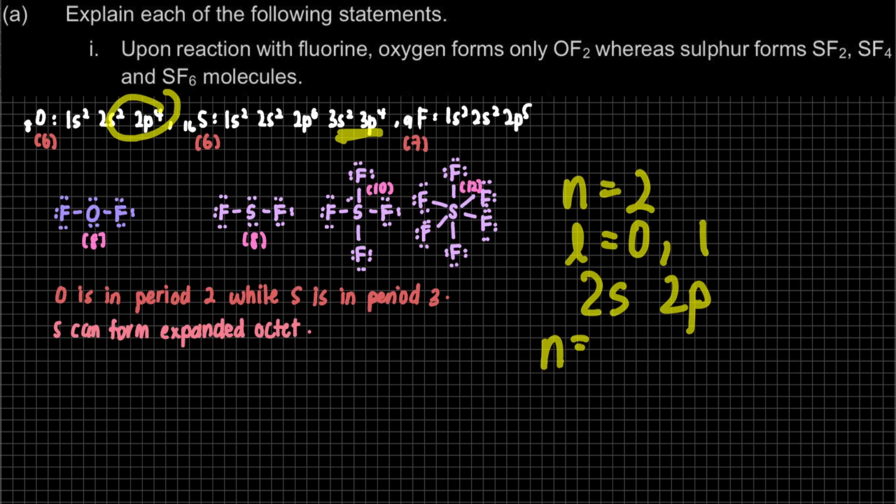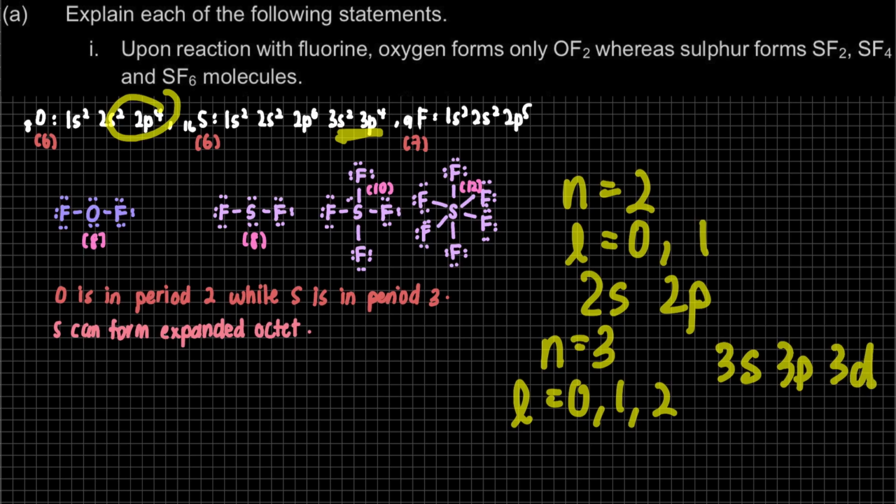When n equals 3, l could be 0, 1, 2, so we can have 3s, 3p, and 3d. So when n is equal to 3, we can have 3d orbital, but when n is equal to 2, we do not have any 2d orbital.